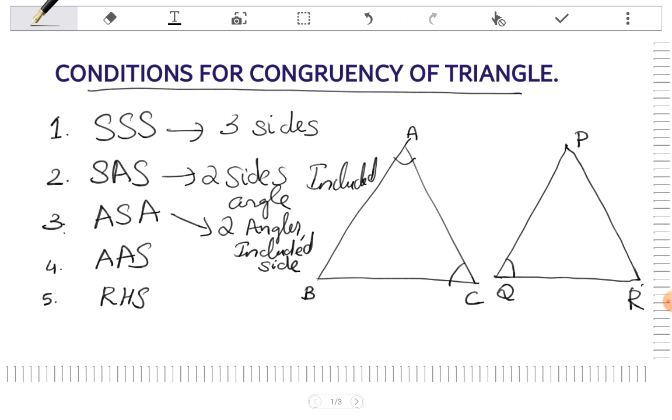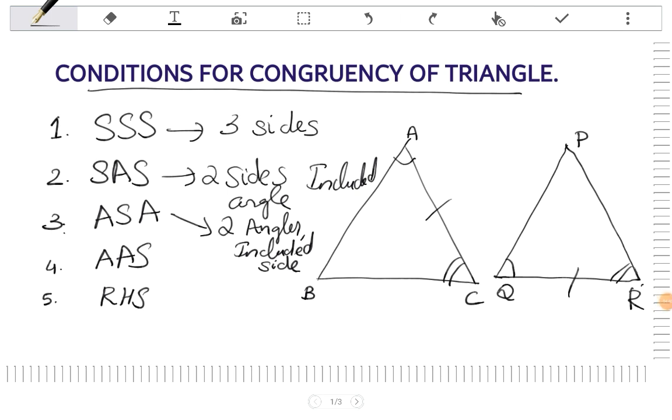AC and QR are of equal length. So here there are 2 angles which are equal, and the included sides are also equal. Here AC lies between angle A and angle C, and QR lies between angle Q and angle R. So here we have 2 angles and an included side.